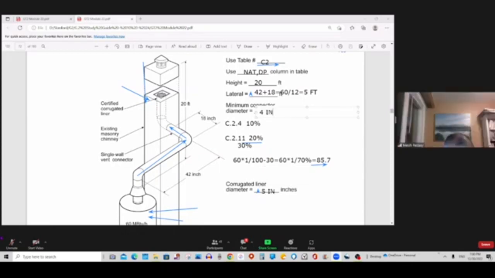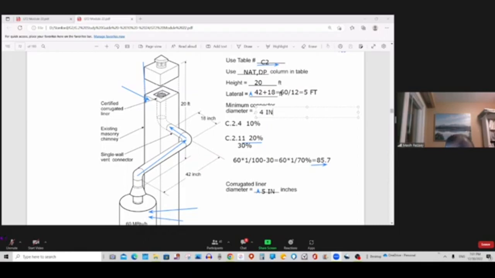Sir, let me repeat this one more time. The tables from C1 to C10 already consider 2 elbows. If you increase the number of elbows, for each additional 90 degree elbow, you have to deduct 10% from the capacity of the vent.